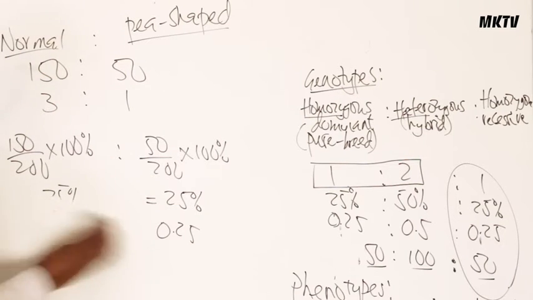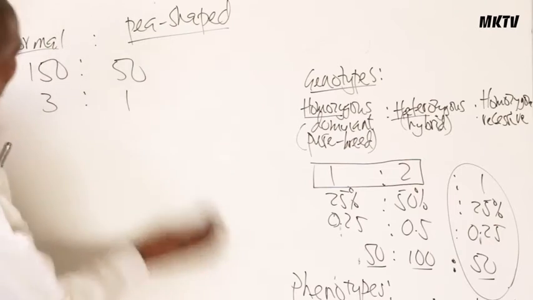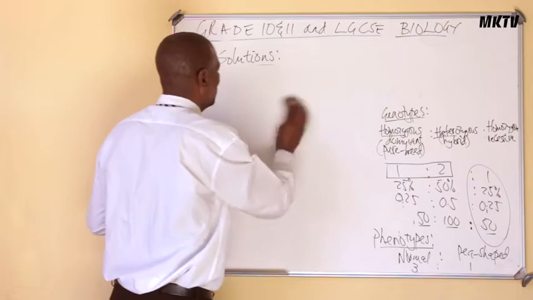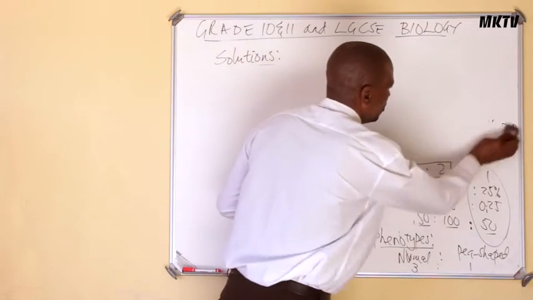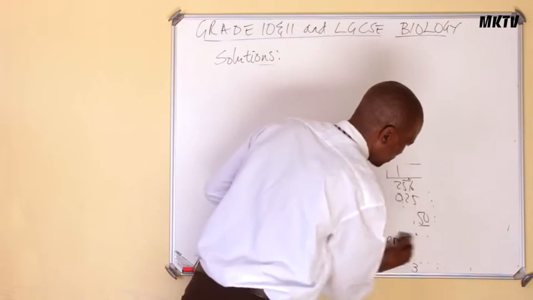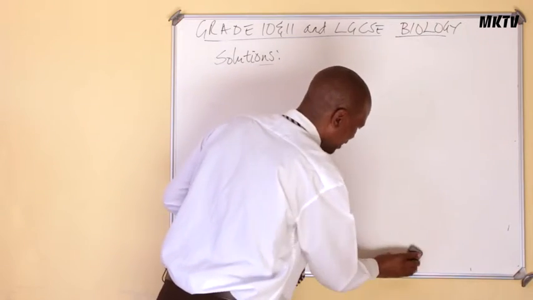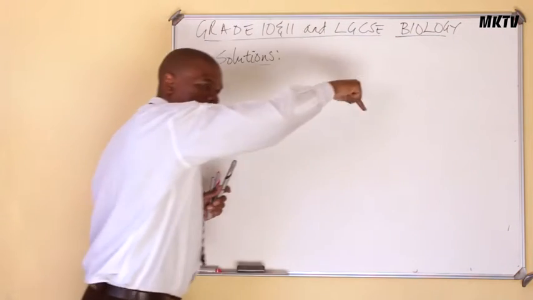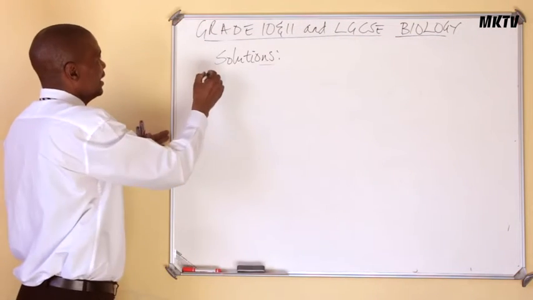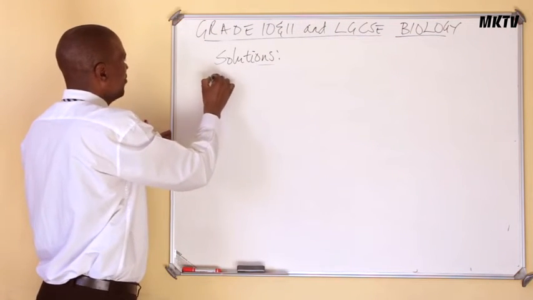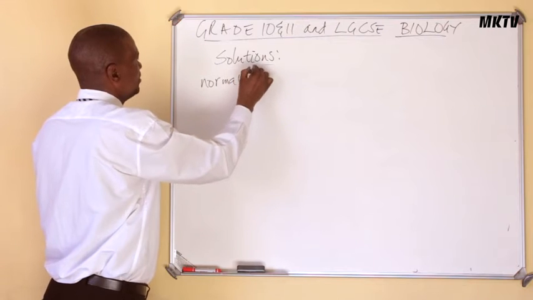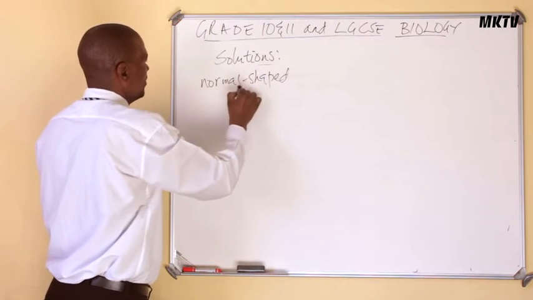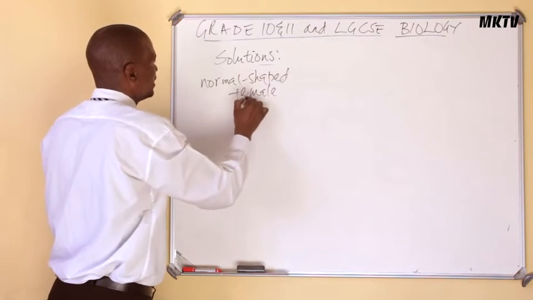Now let's do the last one. The last one was a hybrid. So it means from that 2, remember the ratio was 1:2:1. Let's pick one of those two, meaning we pick the normal shaped female, but it is a hybrid.